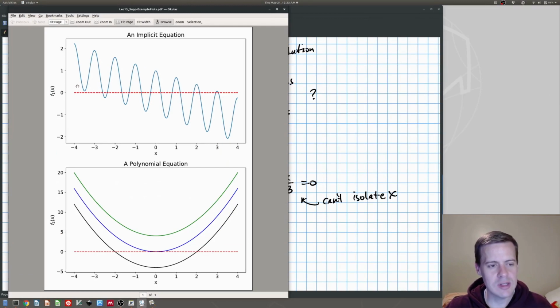And notice that I have one solution there, another solution there, another one there, and so on. I don't know how many that is. 1, 2, 3, 4, 5, 6, 7, 8, 9, 10, 11, 12, 13 solutions. There are 13 solutions to that equation. That's it, though. There's only 13.